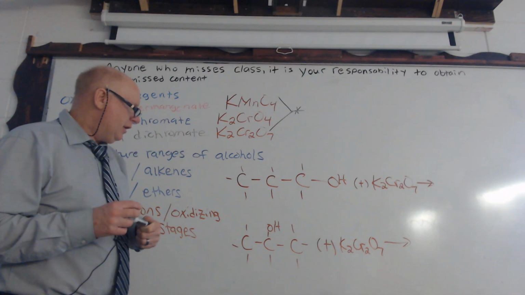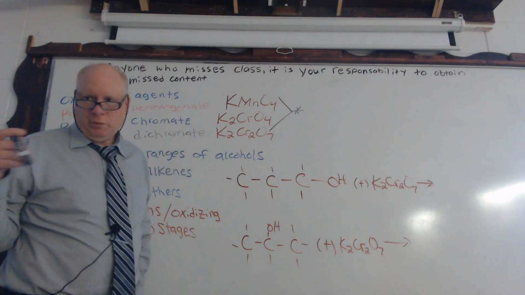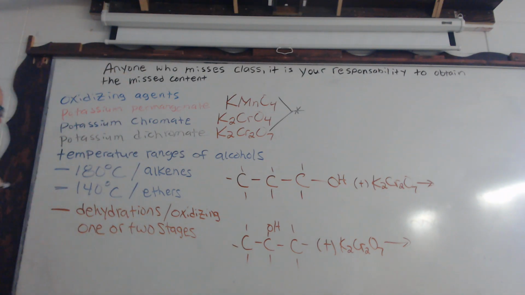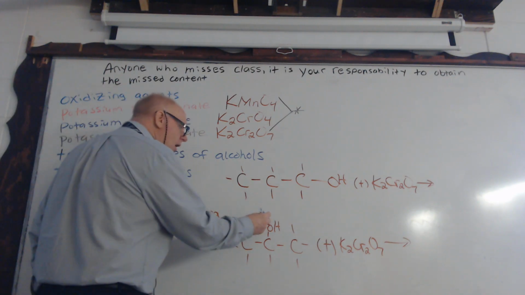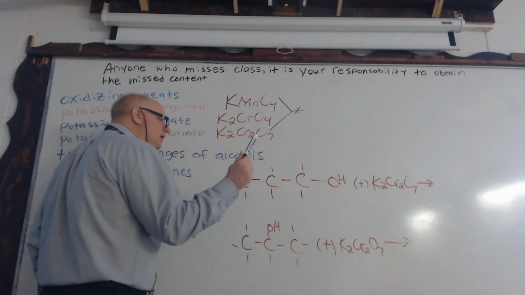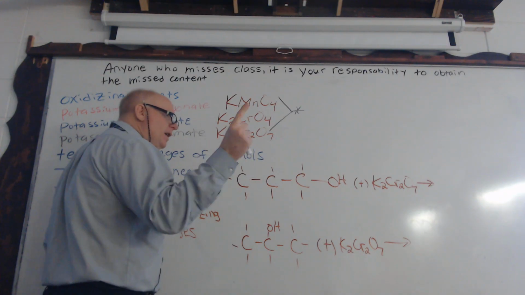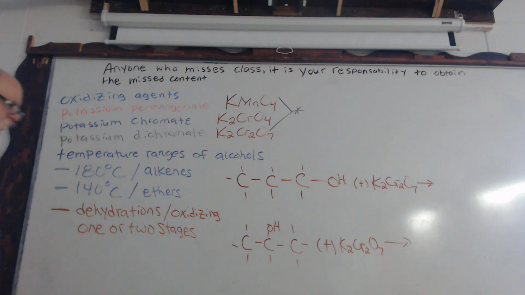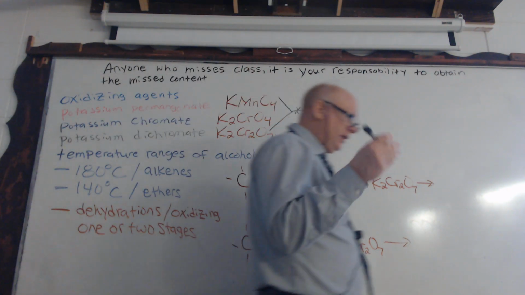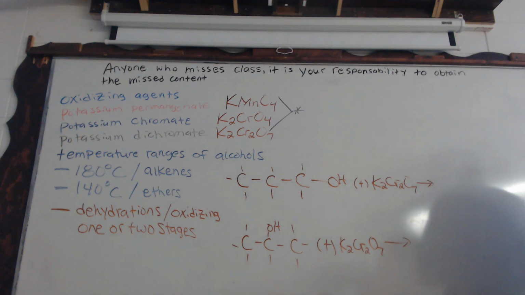According to what we talked about last week, on your charts, one of these is going to go through one stage, another is going to go through two stages. I would be led to believe it should say something like oxidation of primary alcohols and then oxidation of secondary alcohols. I don't know if they're on the same sheet.